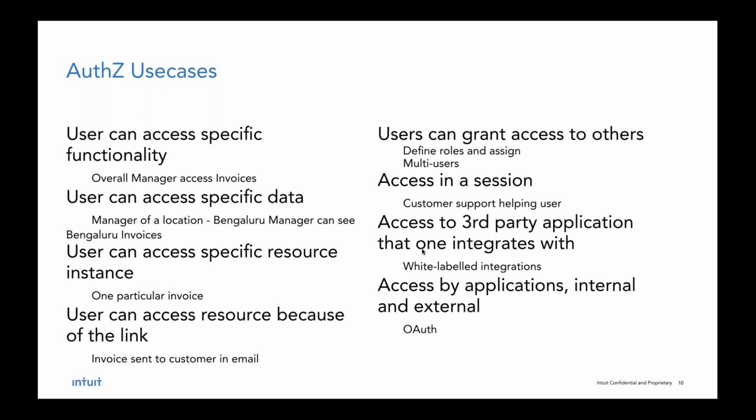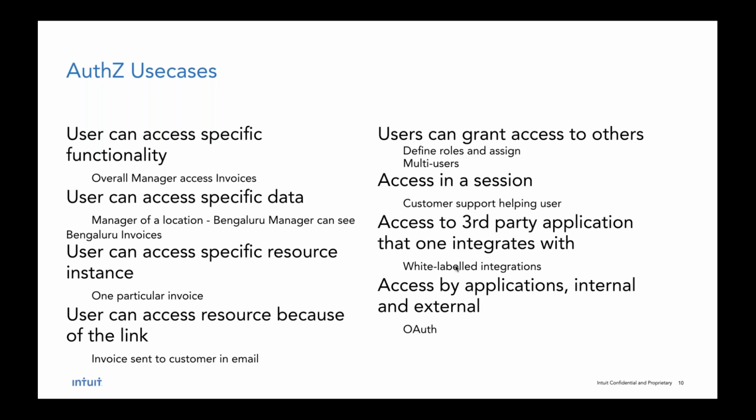The next one is, let's say you integrate with a third-party application, and that third-party application is white labeled inside your product, but you want to make sure that only the application or parts of the application are accessible to the right person, depending on the role.